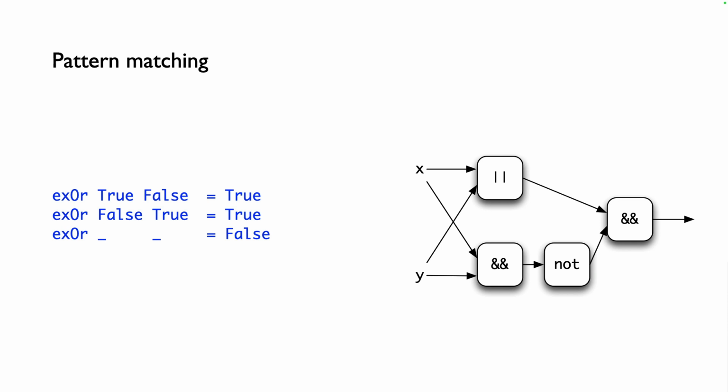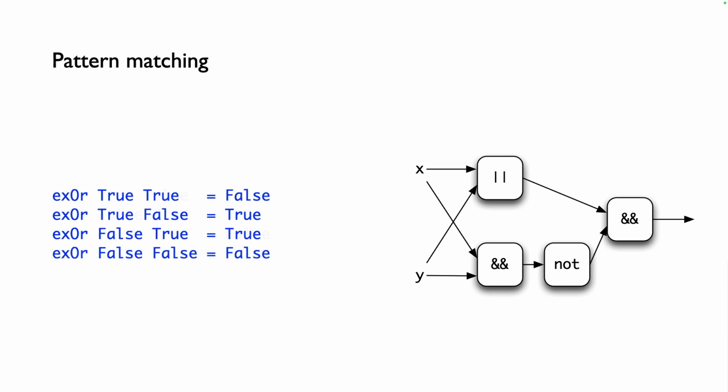So here we did pattern matching over the full 4 options. For both arguments, we gave a pattern, saying whether it's the value true or the value false. But we can also do something else. Let's go back to the first definition and take a look at those first 2 lines. When the first argument is true, the result depends on the second. When the second argument is true, the result is false. When the second argument is false, the result is true.